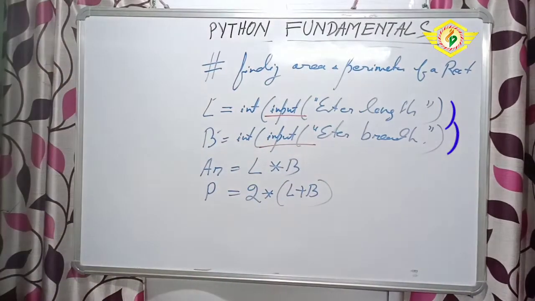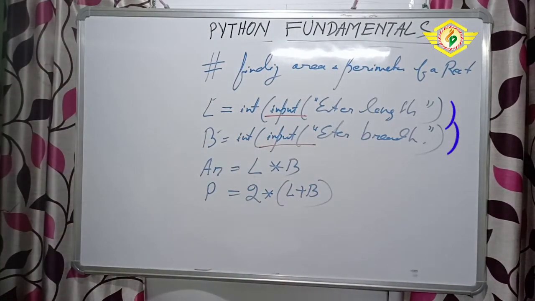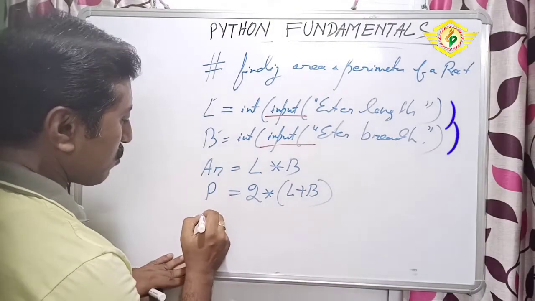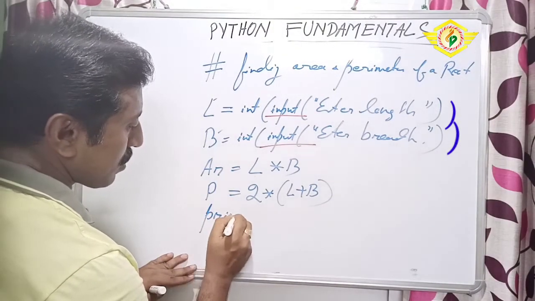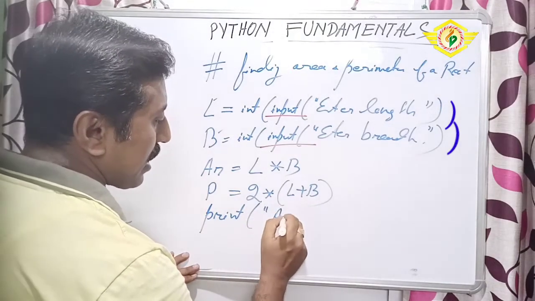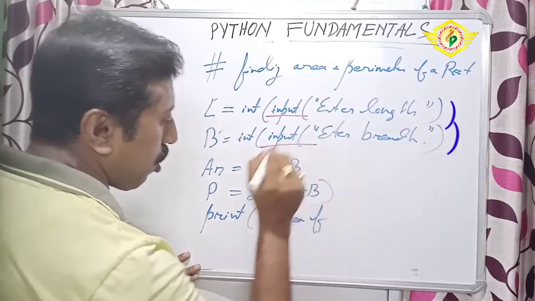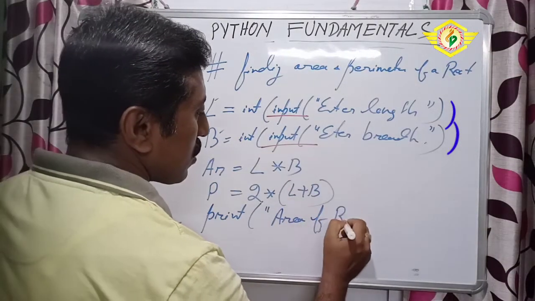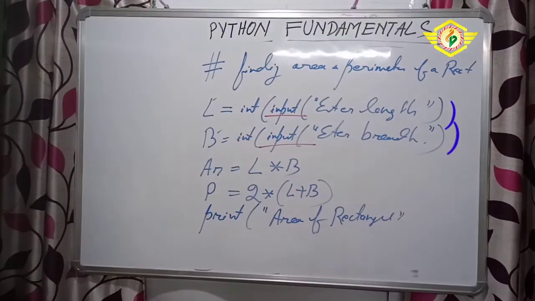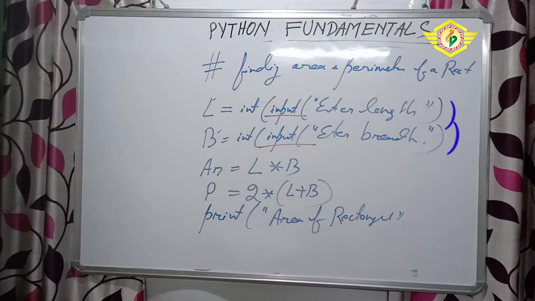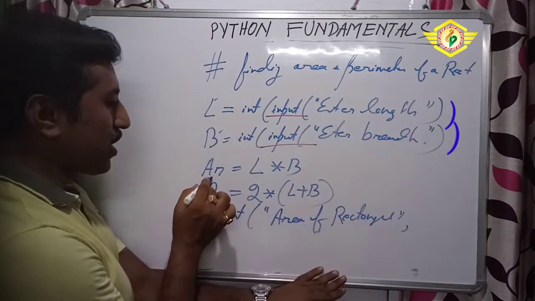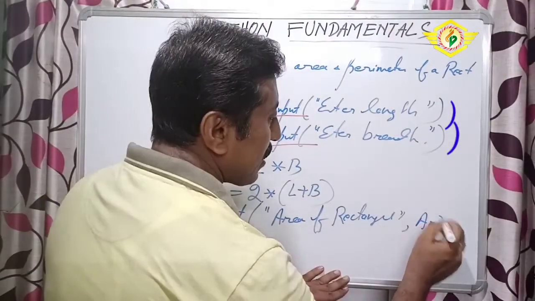So now I will print the statements. I will print the values, that is area and perimeter. So what to write? You write print, bracket start, within double quotes I will write area of the rectangle. Then you give a comma. The area variable is AR, so I am writing AR here.